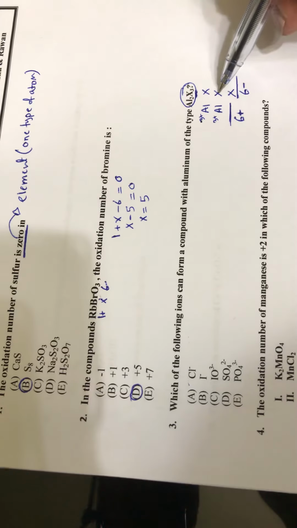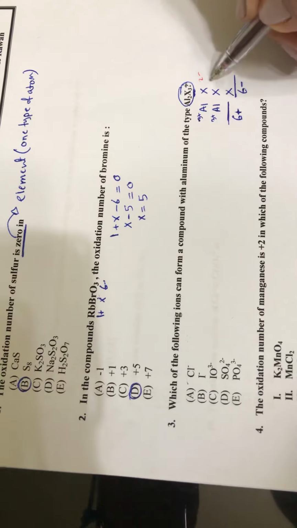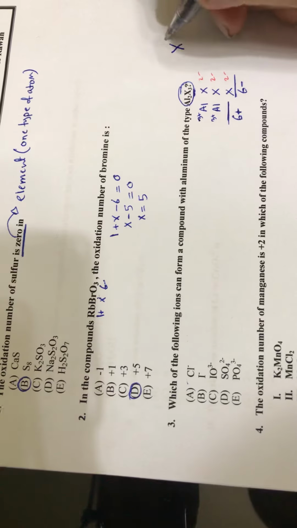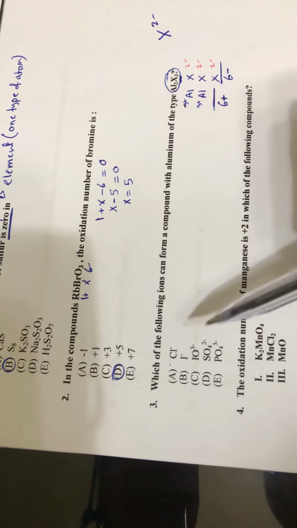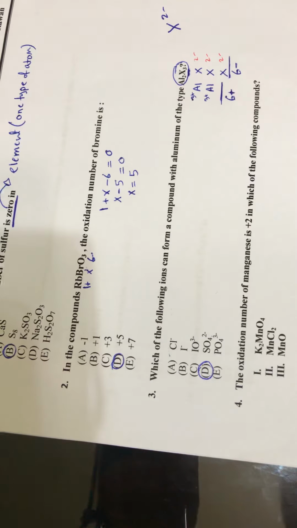Here you have 3 X atoms with total -6, so each must carry -2 charge. So the charge of X is -2. Which of these carries -2 charge? It's D, so the answer is D.